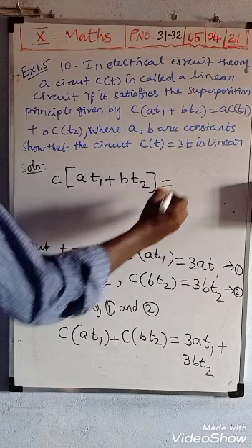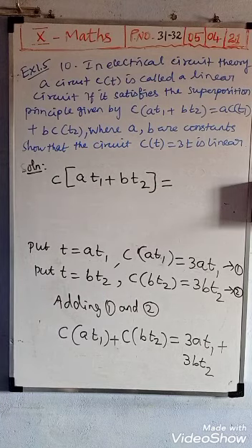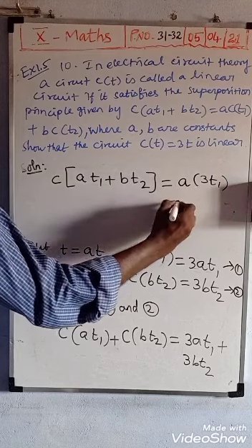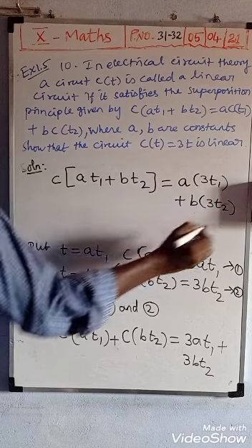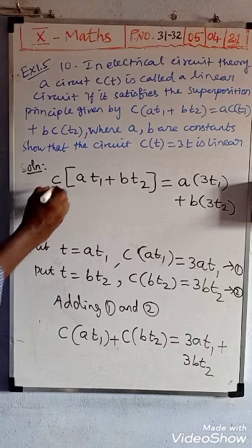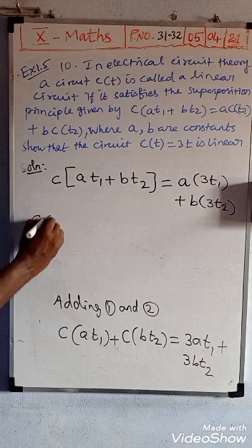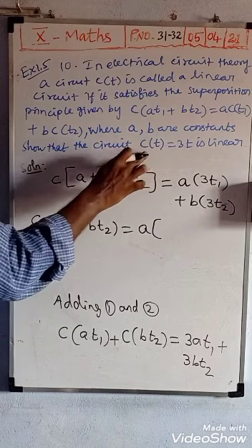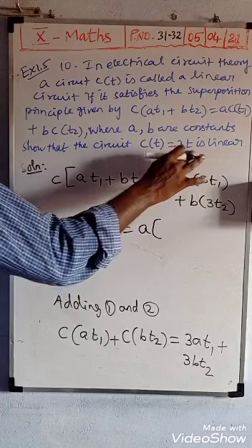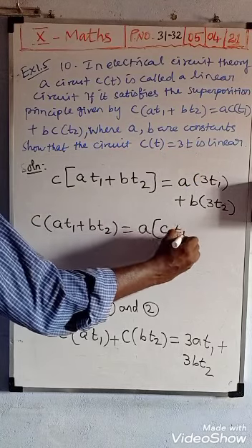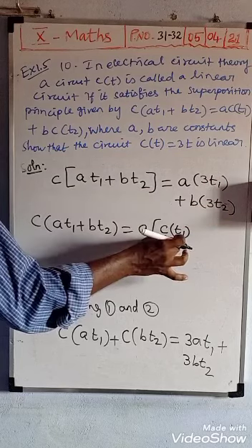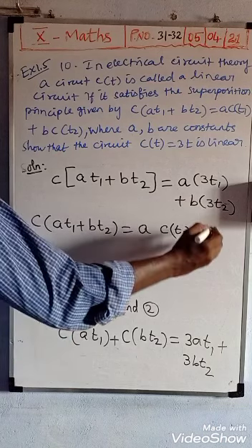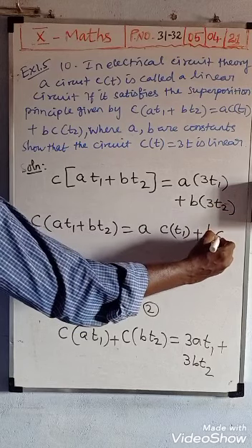This is equal to, now the right hand side we can write as a times 3T1, with 3T1 inside the bracket, plus b times 3T2. Now C of T is equal to 3T, so instead of 3T1 we can write C of T1, and instead of 3T2 we can write C of T2.